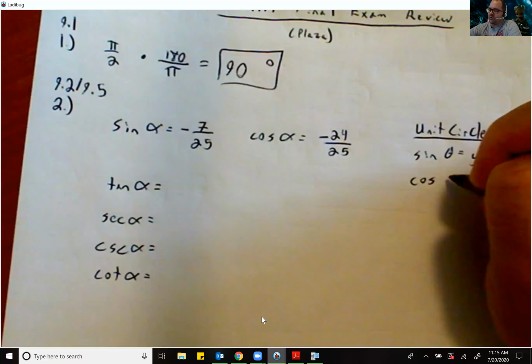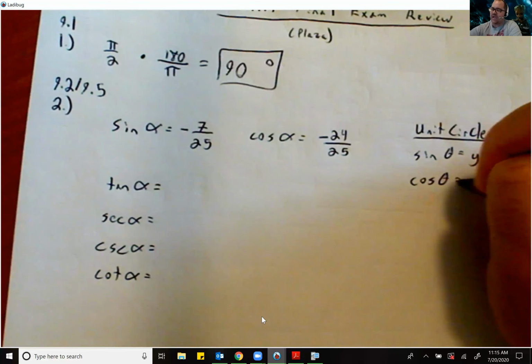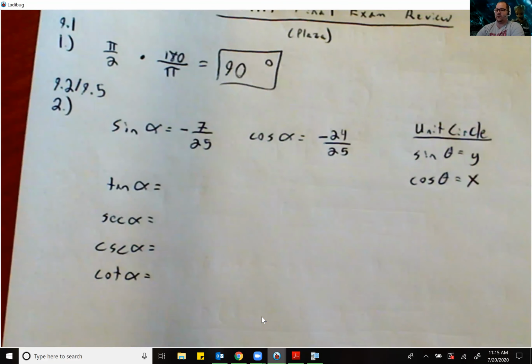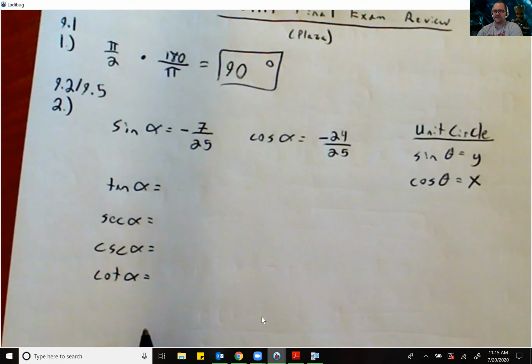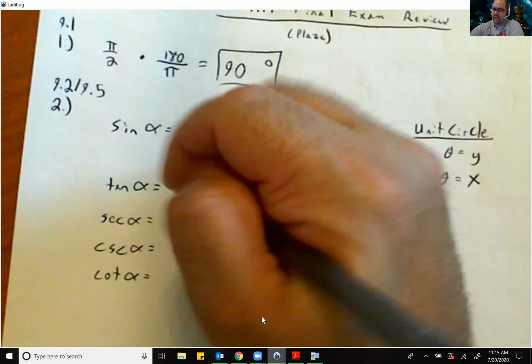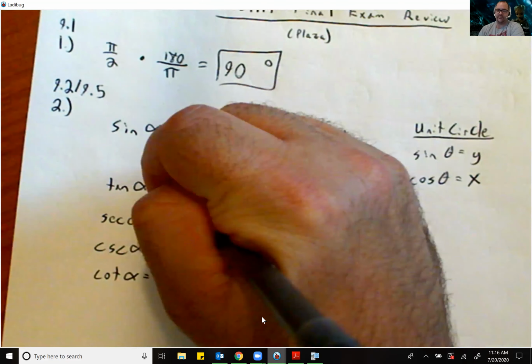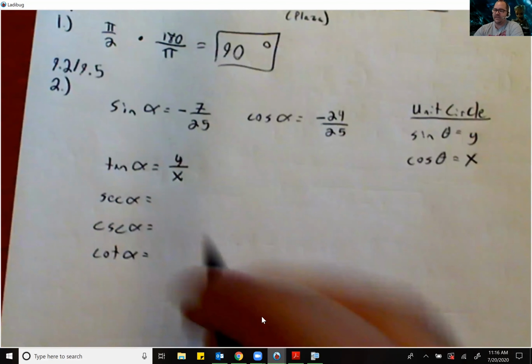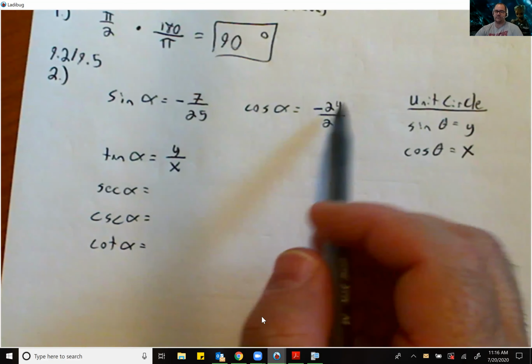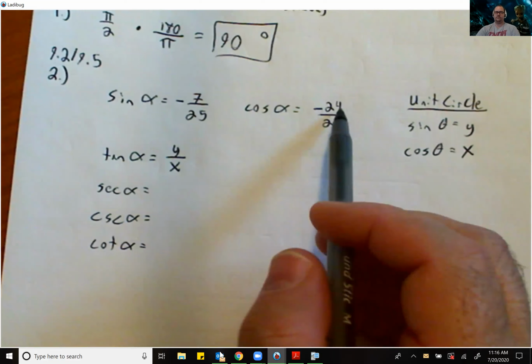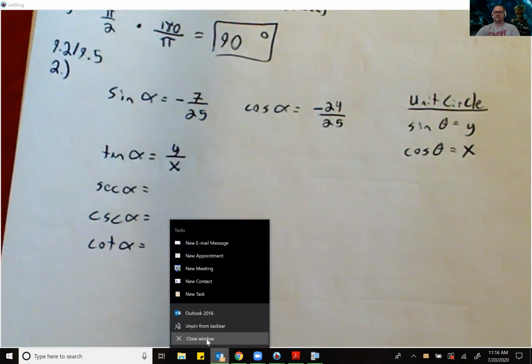Cosine of whatever our angle is x. So you can call this y and this one x, and then you can go through and figure out all these, because tangent is equal to y over x. Secant is the reciprocal of cosine.